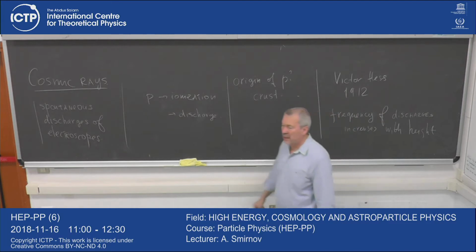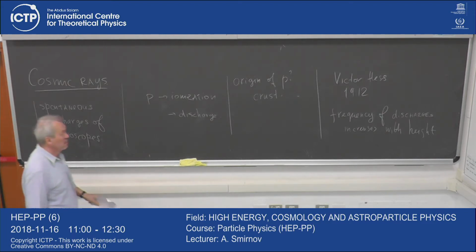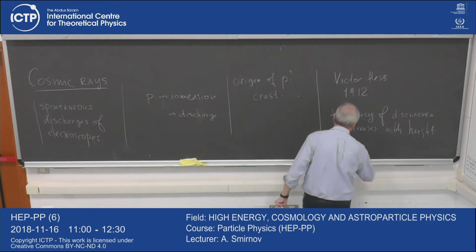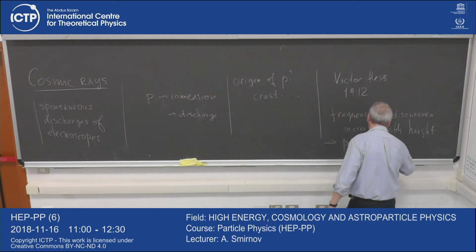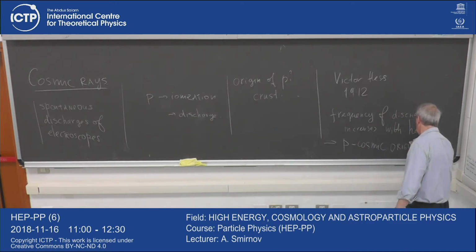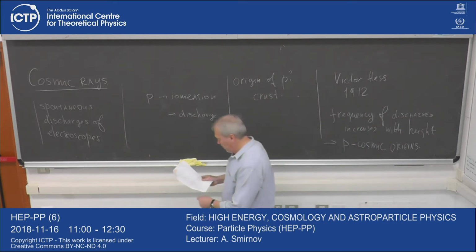The conclusion was that the particles which produce ionization in electroscopes are actually coming from above, from cosmic space. So the particles have cosmic origins. That was the discovery of cosmic rays.